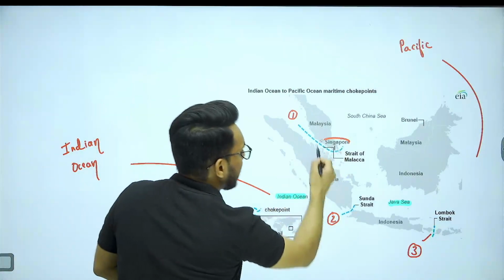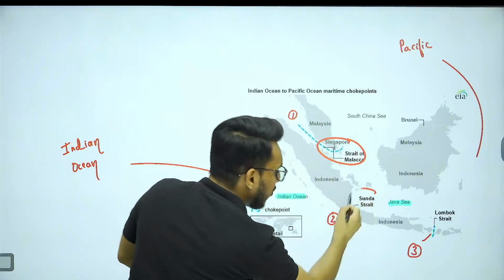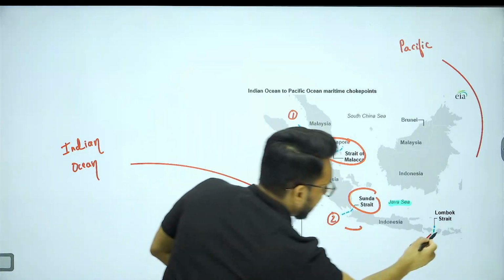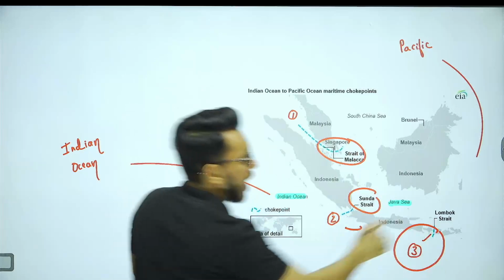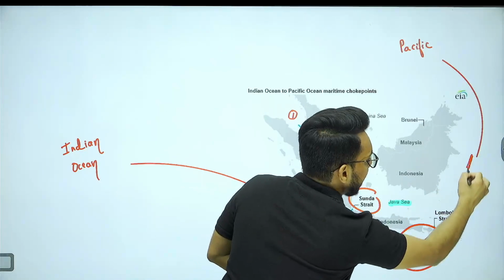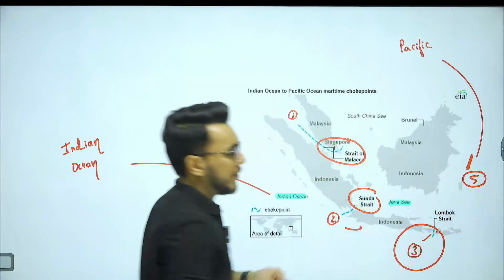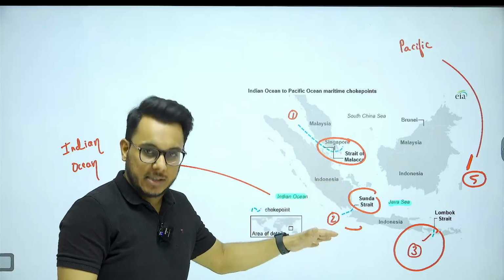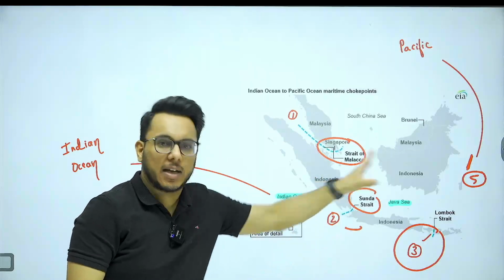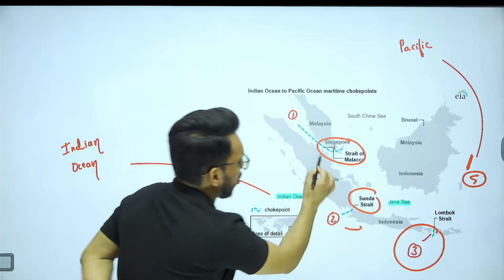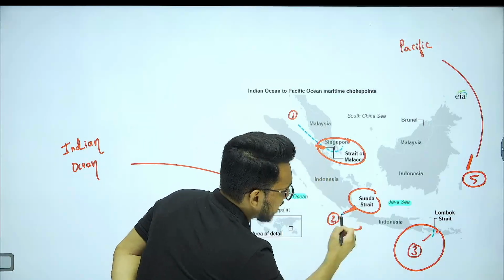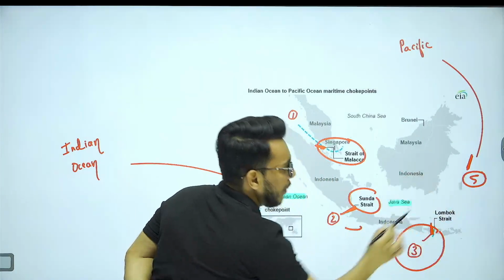Number one, the Strait of Malacca. Number two, the Sunda Strait. Number three, the Lombok Strait. And there is one more strait, the Makassar Strait.